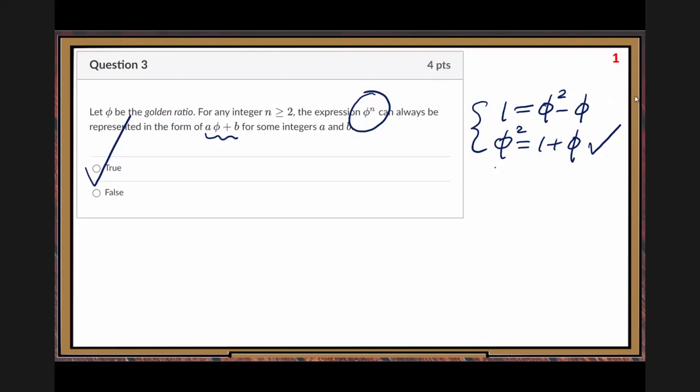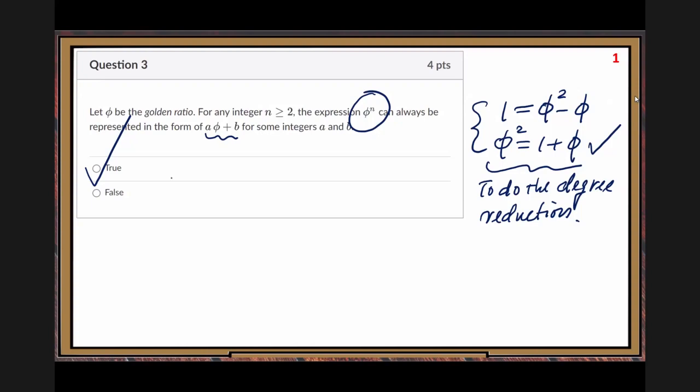So we use this formula to do the degree reduction process to reduce the degree. So let me show you how to do the degree reduction. Here I just want to explain why it is correct.